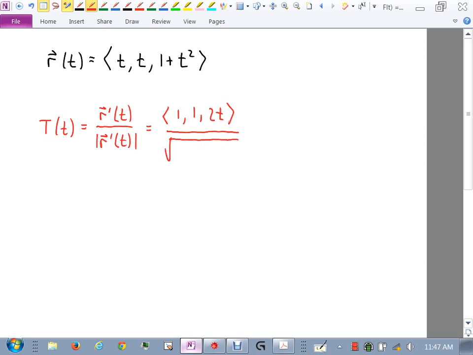So 1 squared plus 1 squared plus 2t squared, which is 2 plus 4t squared, isn't it? And if I put that together all in one vector, I have 1 over the square root of 2 plus 4t squared, and then 1 over the square root of 2 plus 4t squared, and then finally 2t over the square root of all that again, right?